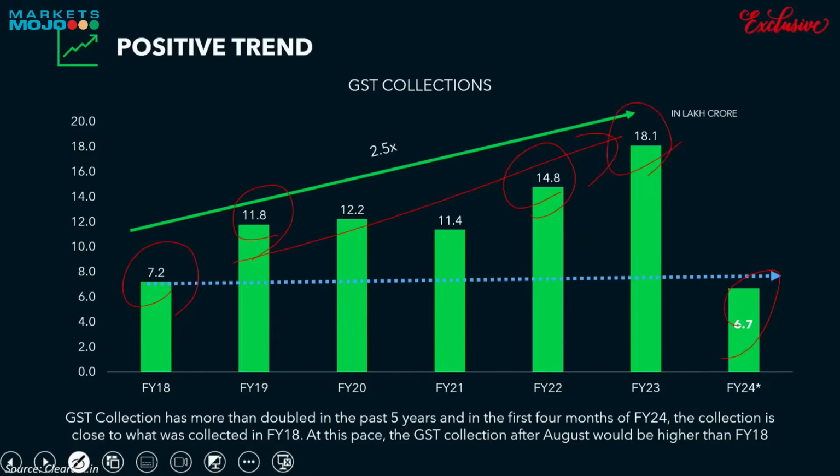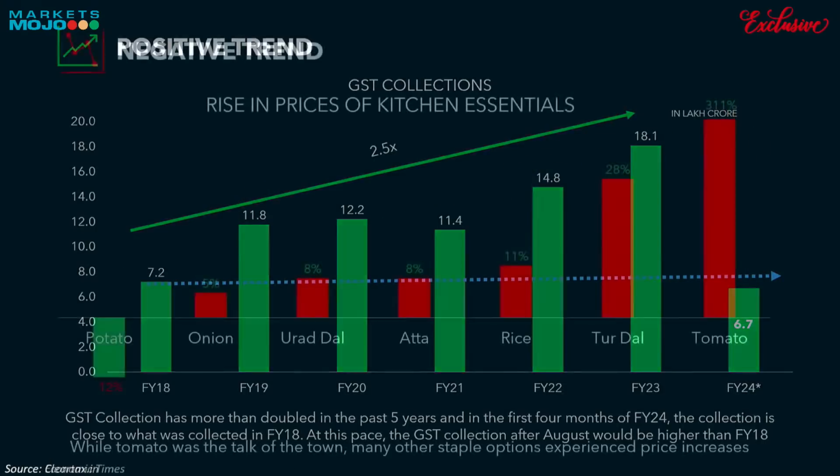And despite slower growth, we do expect this to go up to 20 lakh crore or so. So I think we are looking at a very positive trend in GST collection month after month, more on compliance, and I do expect what we call rationalization of GST.